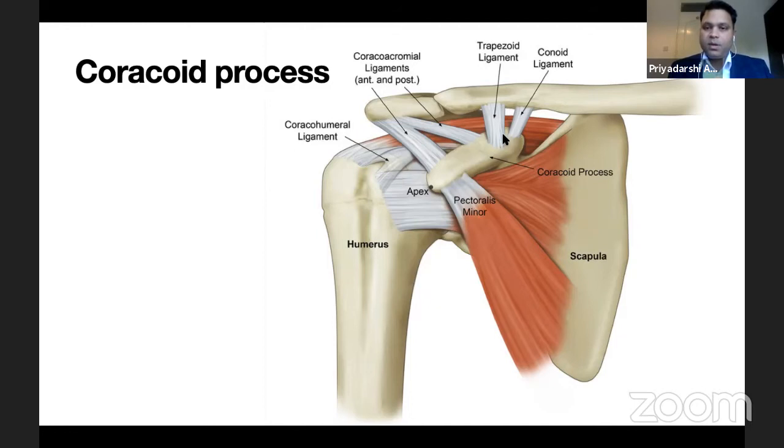Proximally towards the coracoid base, there are two coracoclavicular ligaments, namely the trapezoid and conoid ligaments. Going further, there are coracoacromial ligaments, anterior and posterior parts of those. And then inferiorly, if you see this ligament, coracohumeral ligament, we have seen in cadaveric images earlier. Now, the origin point is from the lateral aspect of the coracoid process along its inferior surface.